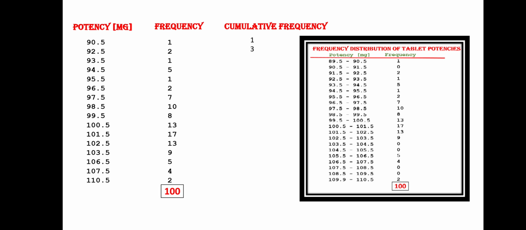Similarly, how many tablets have potency less than 93.5? The answer is 4. How many tablets have potency less than 94.5? We'll have 9, that is 1 plus 2 plus 1 plus 5, and so on. And lastly, we should have a figure of 100. So this is about cumulative frequency. We should add all the things.